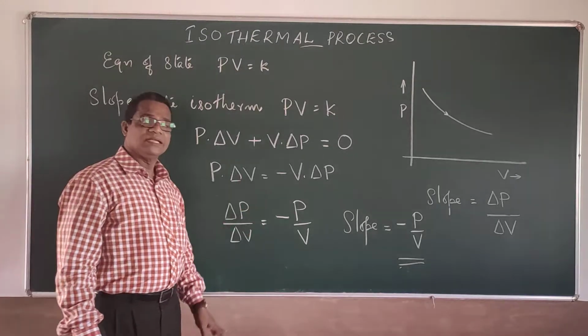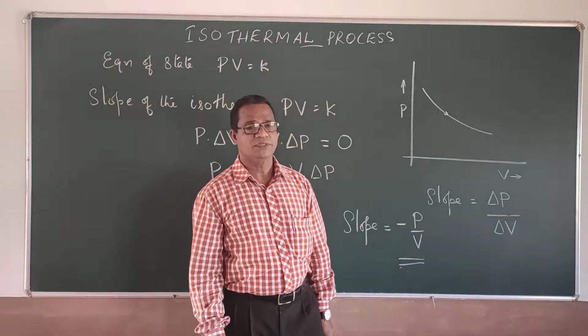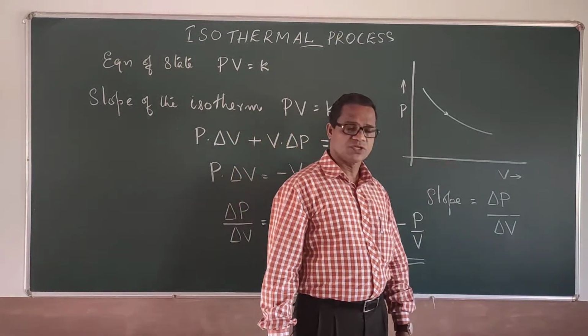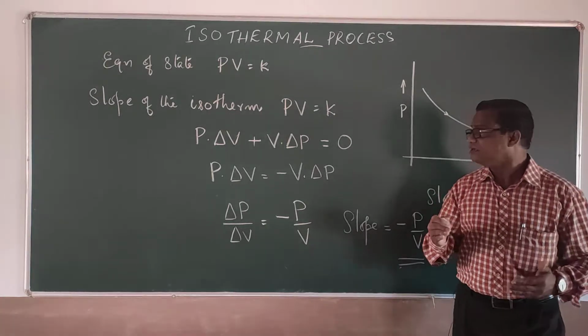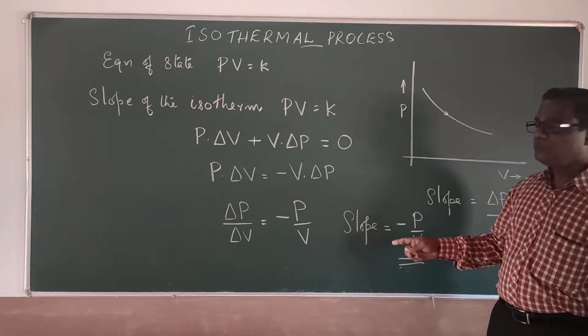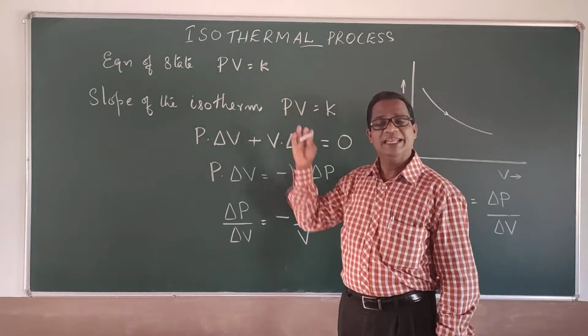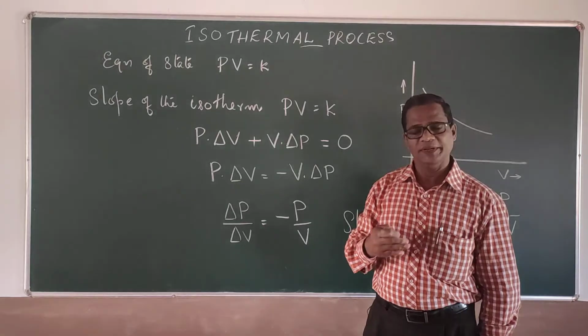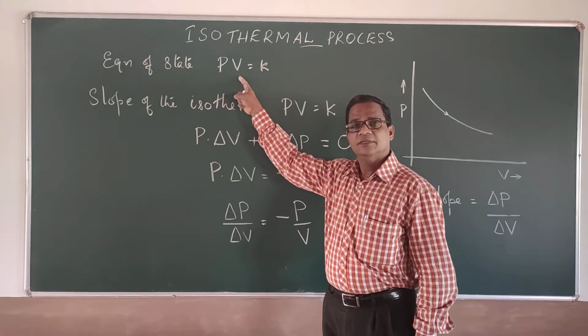Now, why is there a negative sign? This is always a question. This graph has a negative slope, whether the expansion curve or the compression curve, because pressure and volume are inversely proportional. That means when pressure increases, volume decreases, and vice versa.